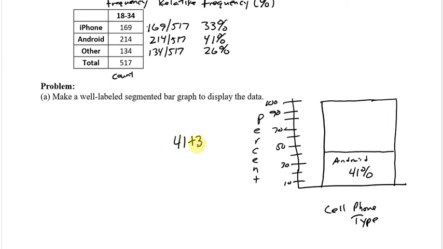So we're going to end this one at 74%, right about here. So this is iPhone at 33%. And other is the only category left, and it takes up the remaining 26%. That's how we make a segmented bar graph to display the data. You can see how quickly that went without having to make a circle graph, which is much more complicated to make.